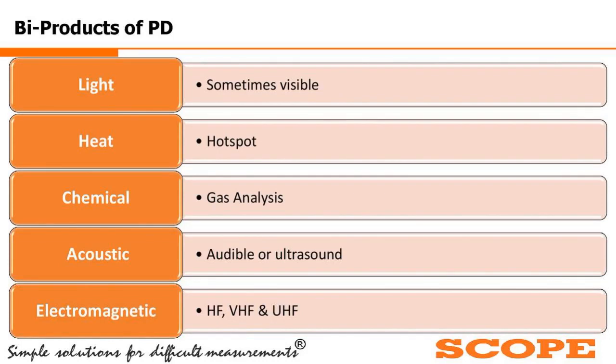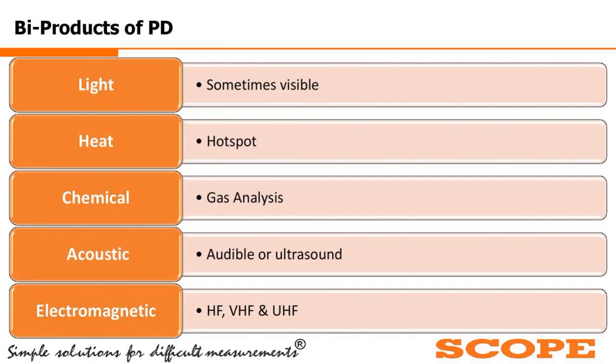Then comes acoustic, which could be audible or ultrasound. If there is a spark, sometimes we can hear it with our bare ears, but it might not be audible. When it is outside the human hearing range, it is termed ultrasound waves.